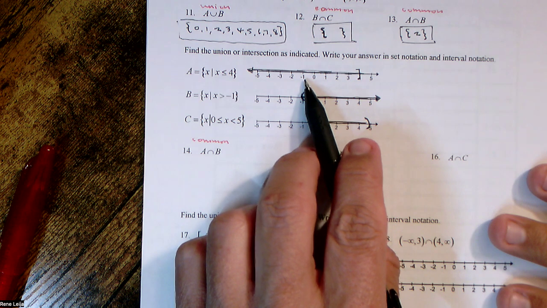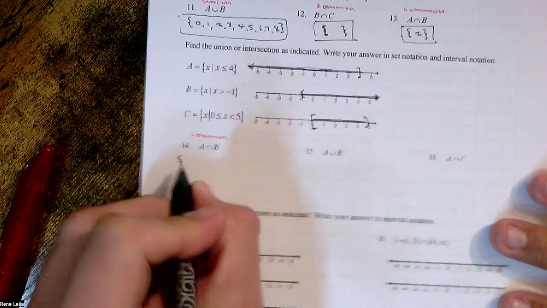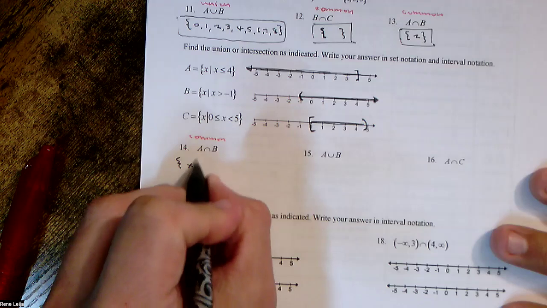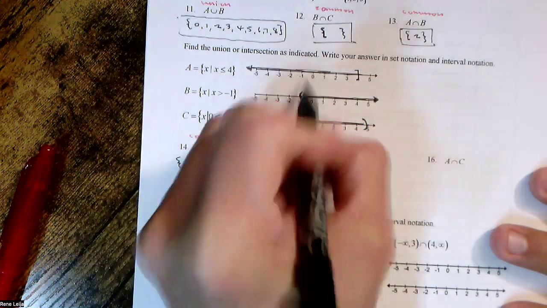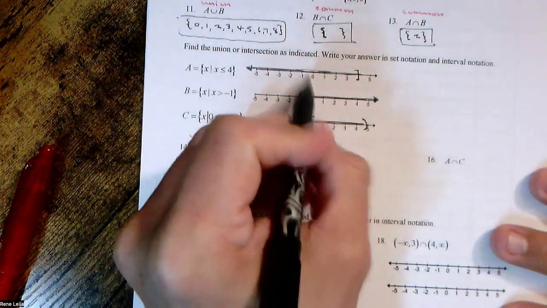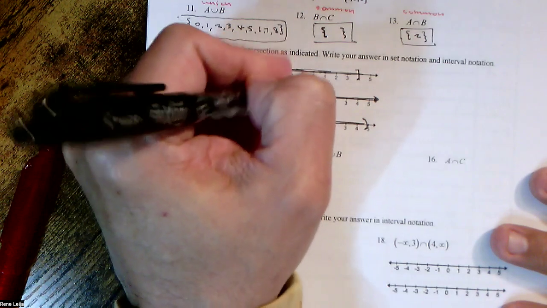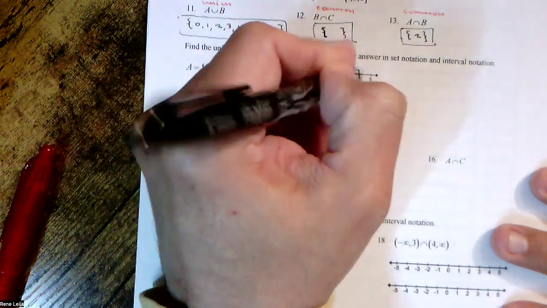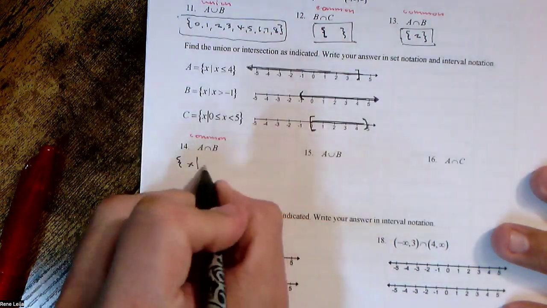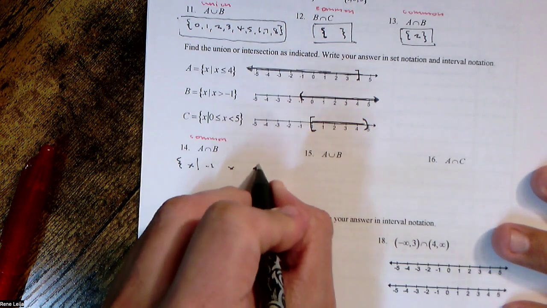So that's going to win out. Okay. So set notation is going to be the set of X such that, now, since I want what is common from both sets, and what's common is going to be from negative 1 to 4. Okay, that's what's common. So negative 1, here's my X, and then the 4.